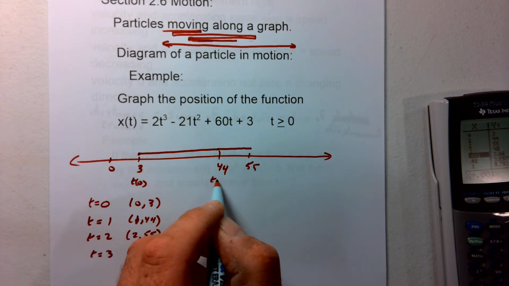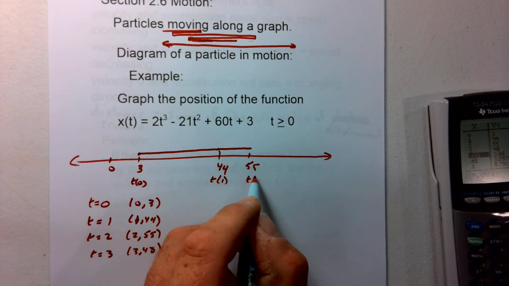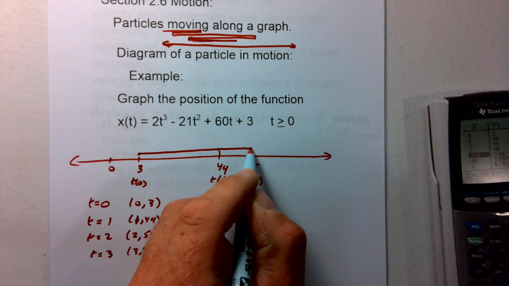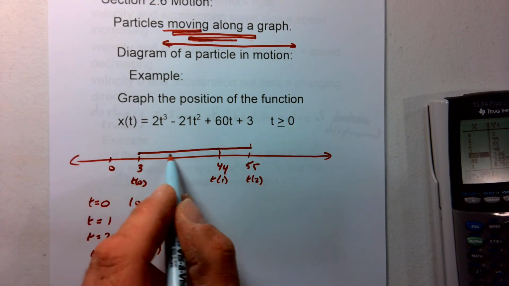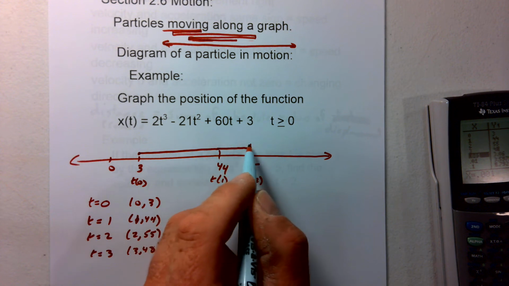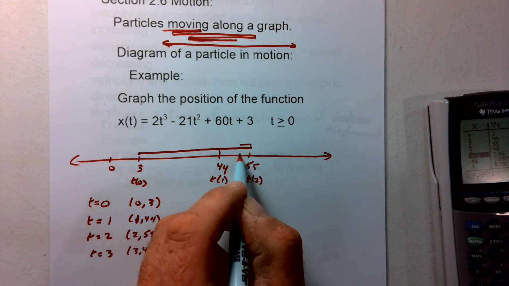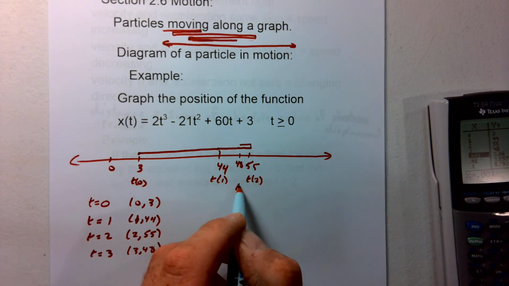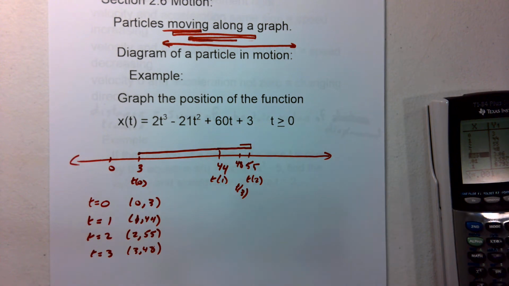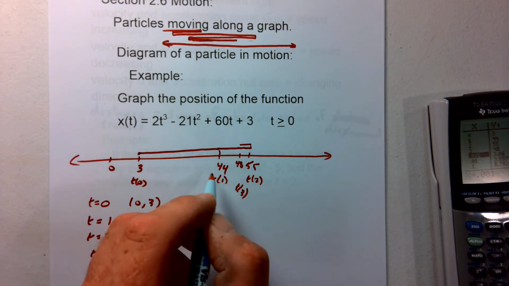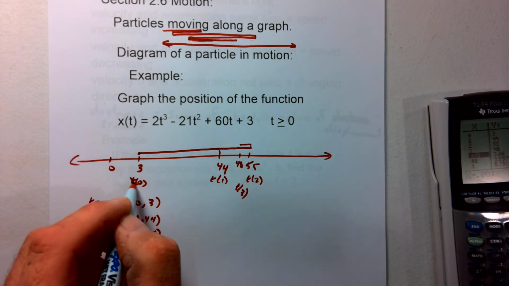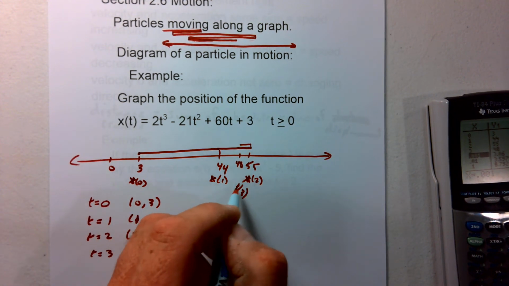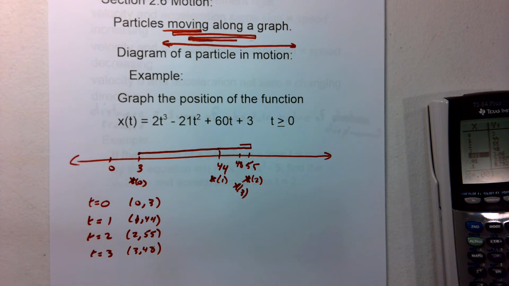So I was coming to the right, and now I'm going to reverse and go back to the left to 48. And that's at time 3. Again, the variables don't matter; time was 1, 2, and 3.